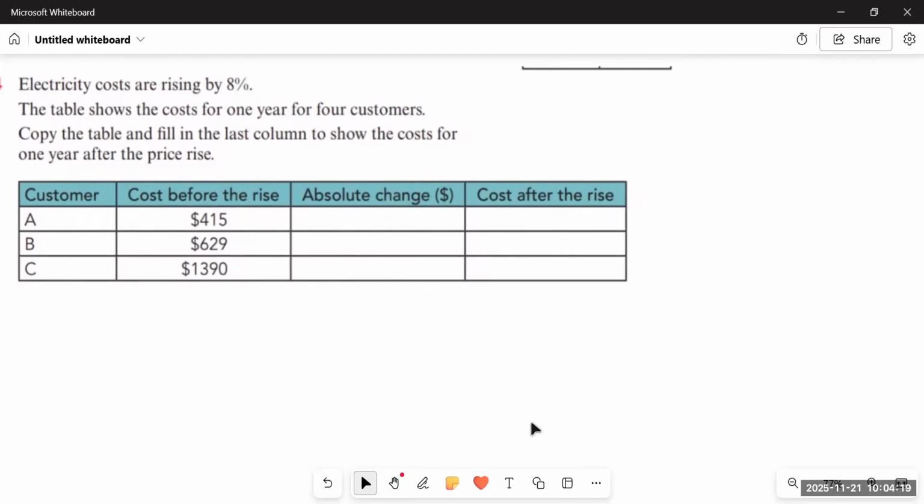If it rises by 8%, it would be 8 over 100 multiplied by 415. So we will divide 415 by 100 and then multiply it by 8.